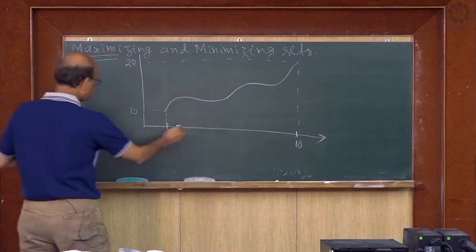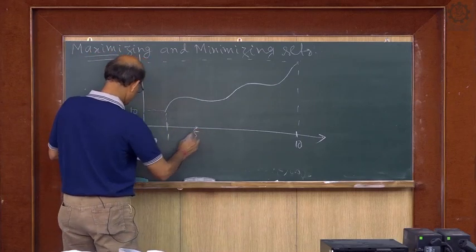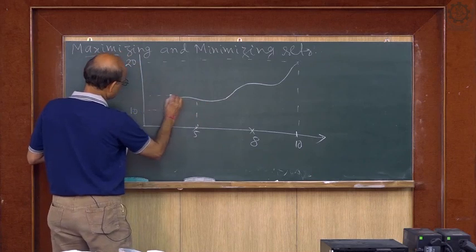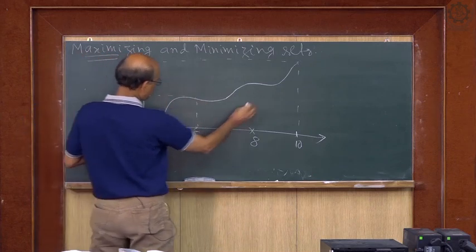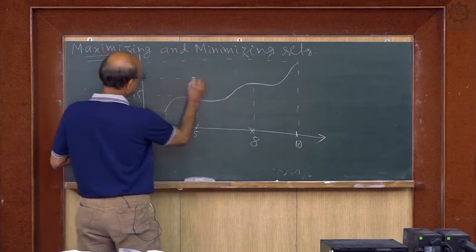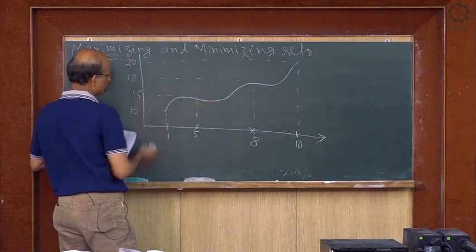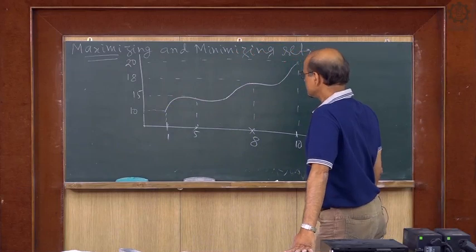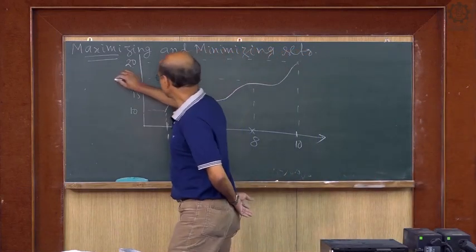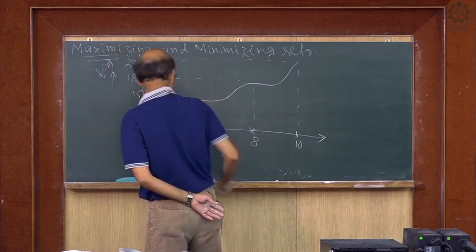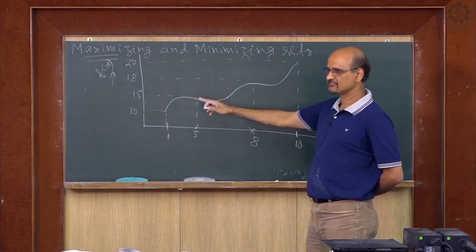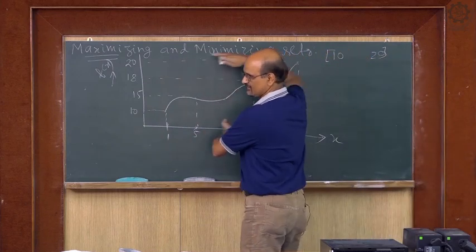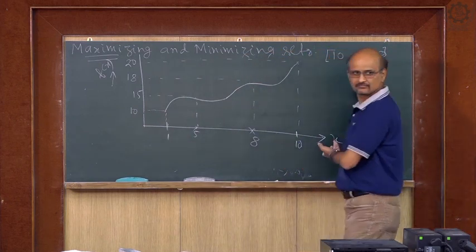I take an element 5 here and an element 8 here, and say this is your 15 and this is your, suppose, 18. You see here infimum is 10, this is your f(x), this is your x. So infimum is 10, supremum is 20, so your function is in between, in this interval.